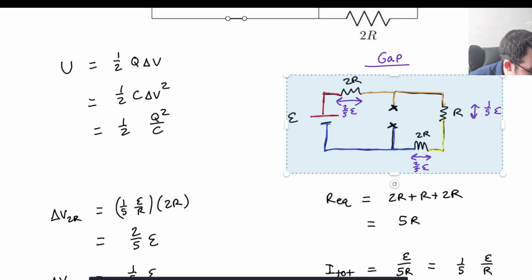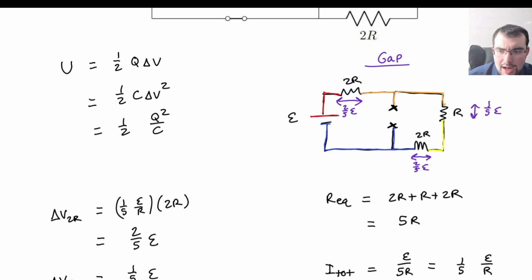Okay, so why is this going to unlock our capacitor? Well, I'm just going to rewrite this while I talk. So we said this was 1/5 epsilon. Well, we want the potential difference across this object right here.